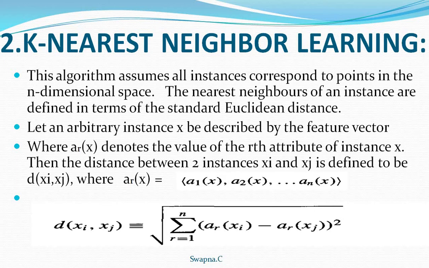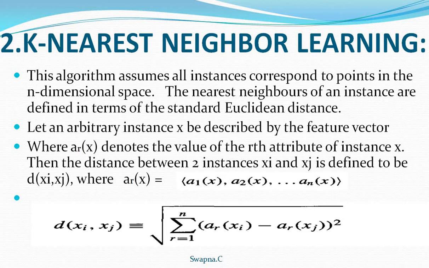Here in K nearest neighbor learning also it uses the same technique. This algorithm assumes all the instances correspond to points in the n-dimensional space. All the instances, whether given as training or given as a new instance to classify, are represented in the form of points in the n-dimensional space, and the nearest neighbors of an instance are defined in terms of the standard Euclidean distance.